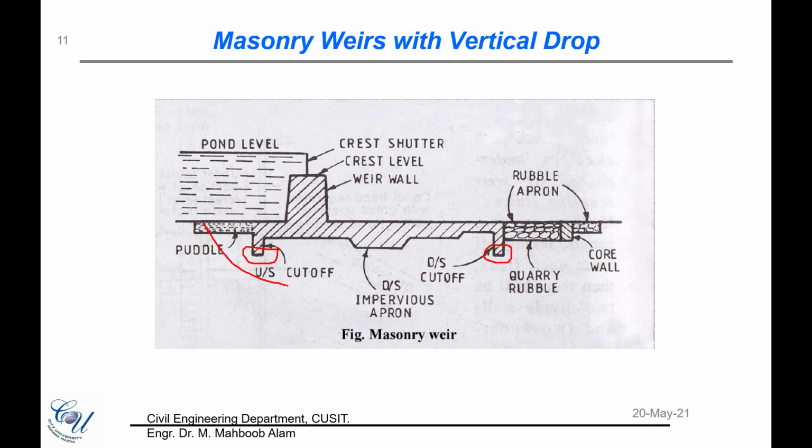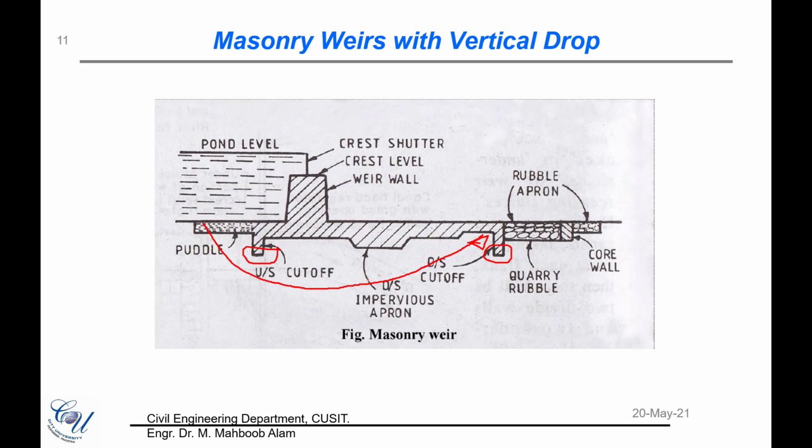So we ensure that the water does not seep through the structure itself. Because if water does seep through, entering from the upstream side and getting out on the downstream side, then it is detrimental for the whole structure, whether it's a weir or a barrage.